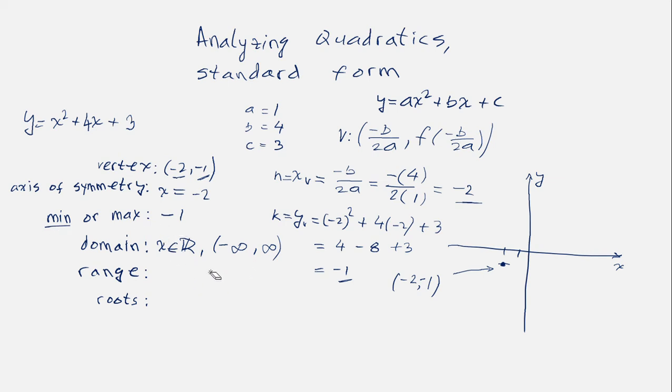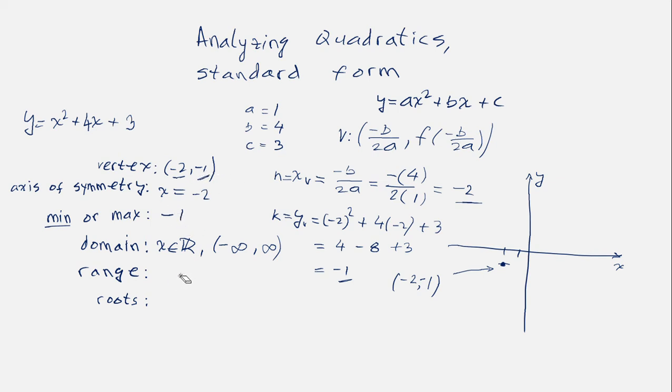We already know the domain. Now the range depends on whether the function opens up or down and what is the y coordinate of the vertex. So we know that the y coordinate of the vertex is negative 1, right? Which happened to be our min.